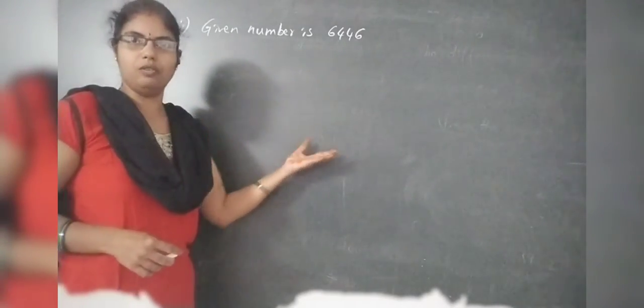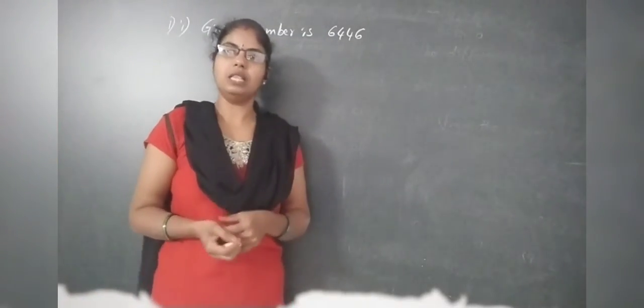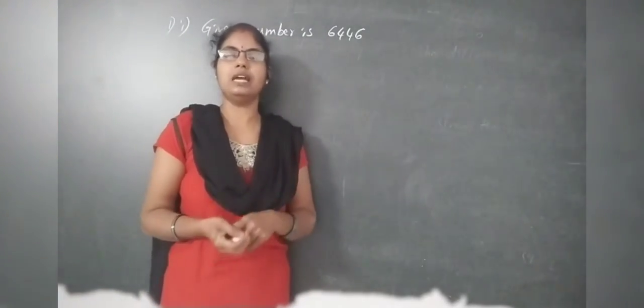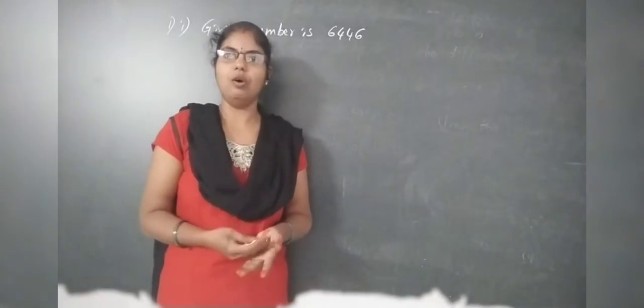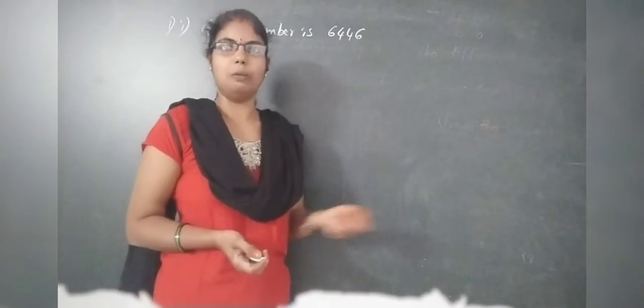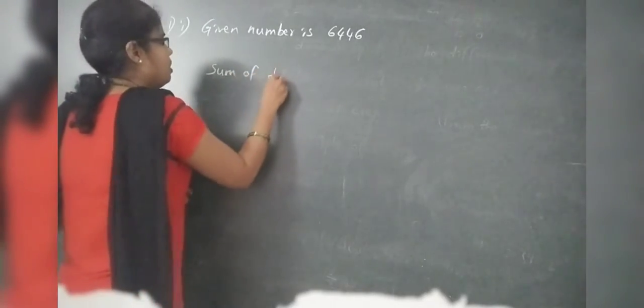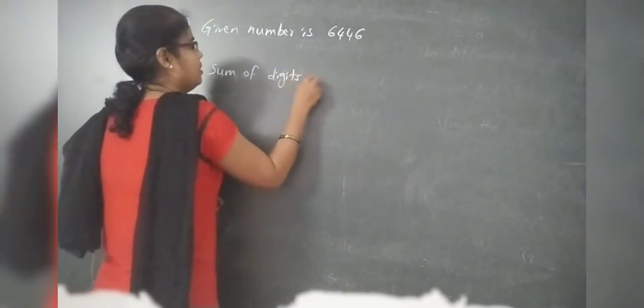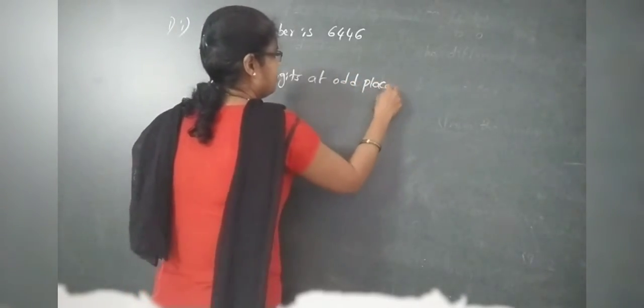We know that rule. What is the divisibility rule for 11, children? The difference between the sum of the digits at odd places and the sum of the digits at even places is either 0 or a multiple of 11. Then it is divisible by 11. Okay. First we should find the sum of digits at odd places.